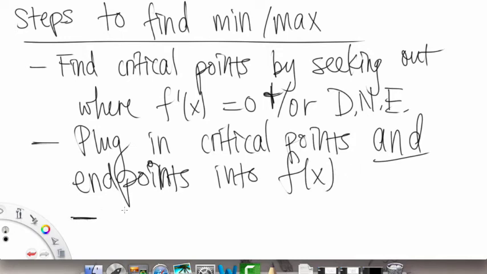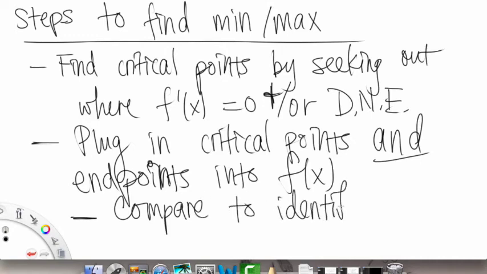The last thing is to compare all of the values we obtain to identify the maximum and the minimum. Whatever gives you the lowest value when you plug it in is the minimum, and conversely, whatever gives you the highest value is your maximum. Let's do an example of this following these steps.